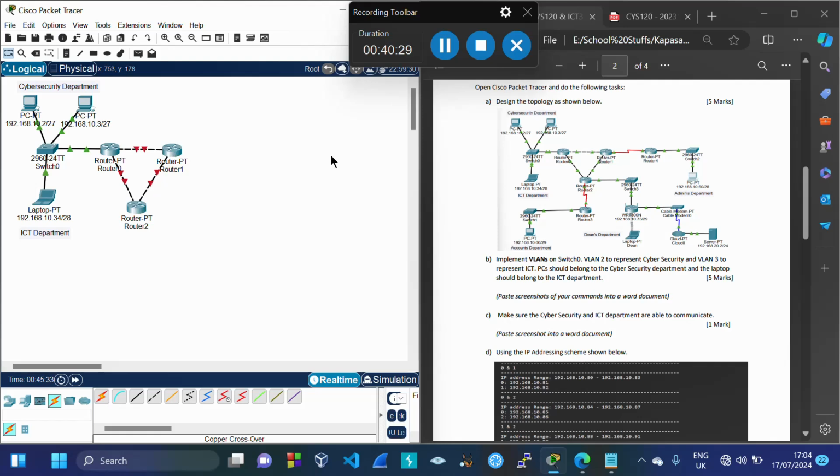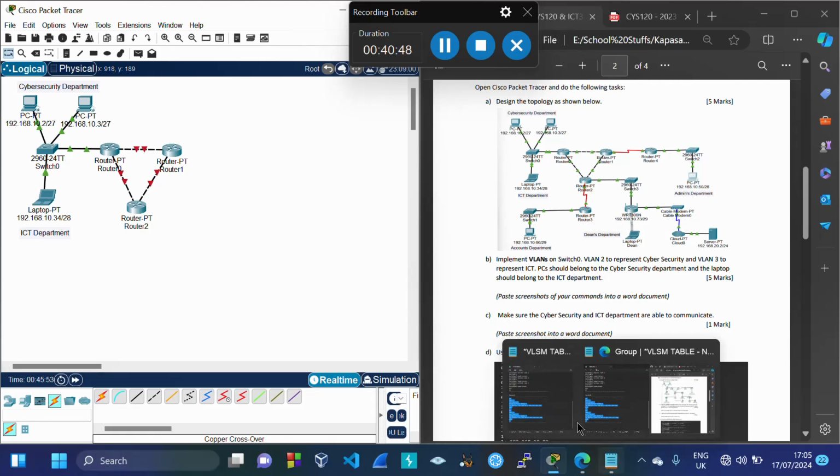So we need to insert an IP address in these routers before even starting configuring protocols such as OSPF, because for something to communicate, it needs an IP address. So routers are treated as two hosts each.